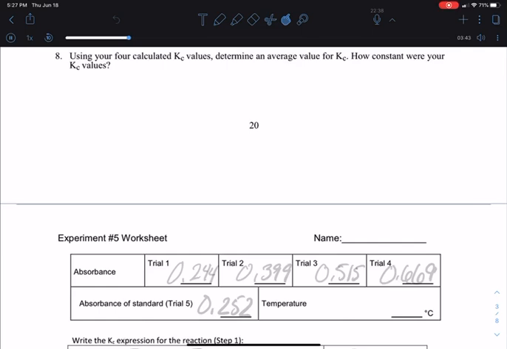So if we say for trial 1, we got an absorbance of 0.244. Now these are made up, and I will warn you that our Kc values are going to be kind of crazy because I didn't know what numbers to guess and couldn't find an example on the internet.